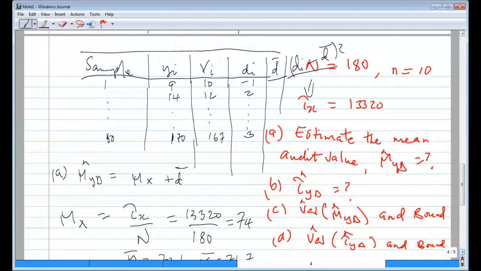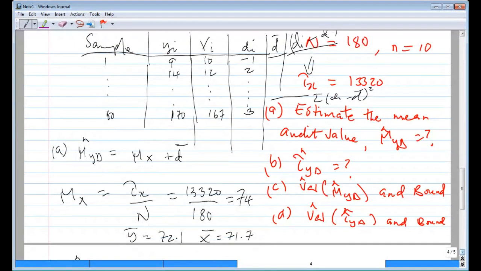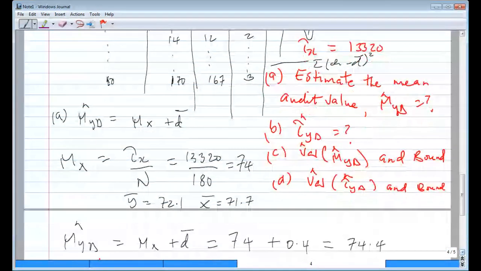Then here you're going to sum them up: the sum of (di minus d bar) squared. So somebody can do that for us.